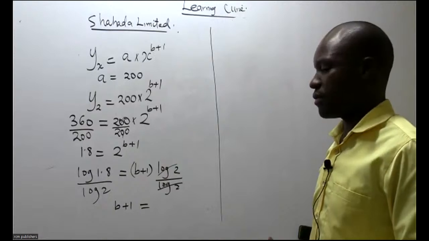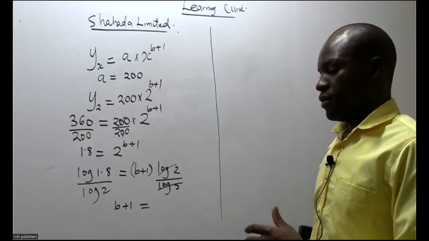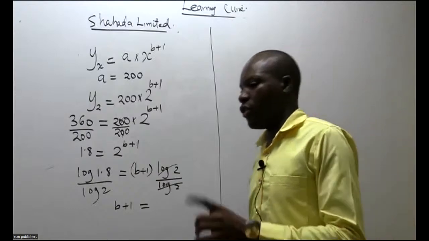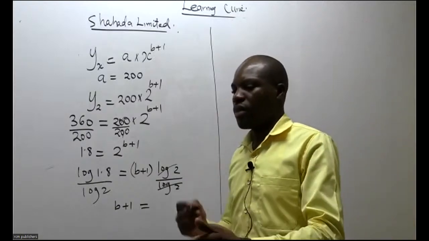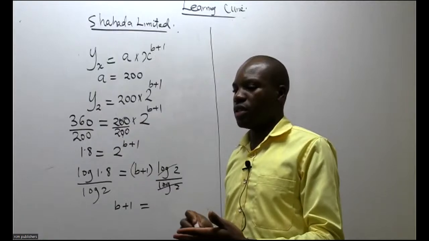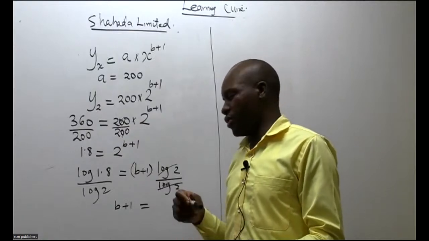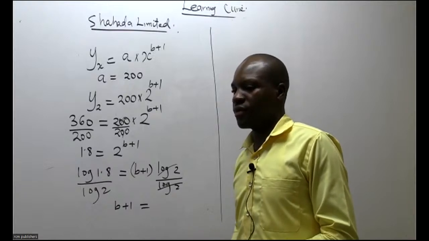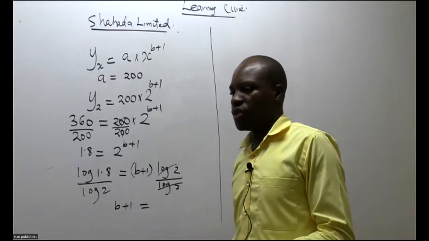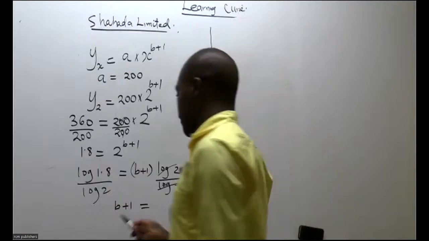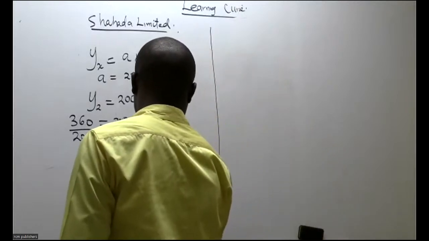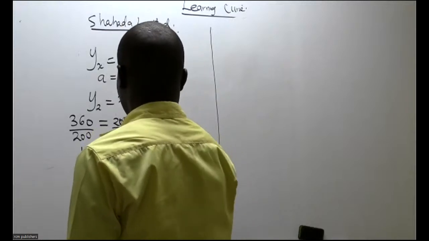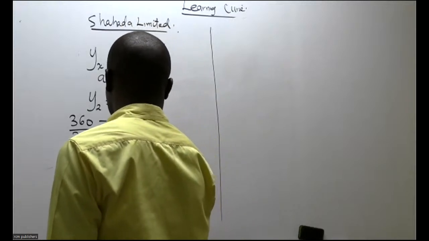What will you have? Log 1.8 divided by log 2. The way it is, just go to your calculator. What will we have here? 0.8480. That is what we have. Are you able to give me the value of B?